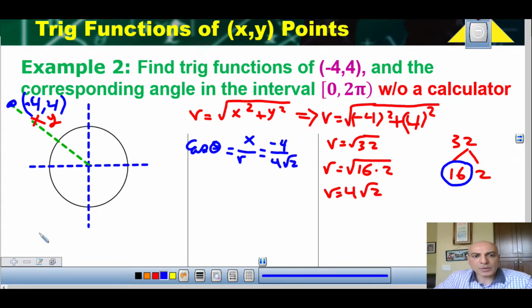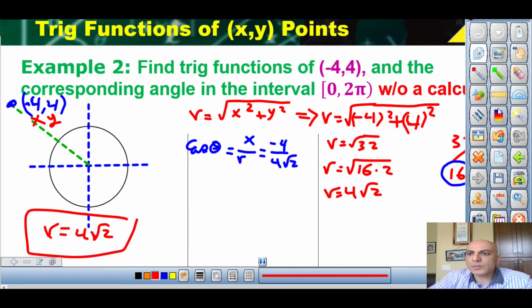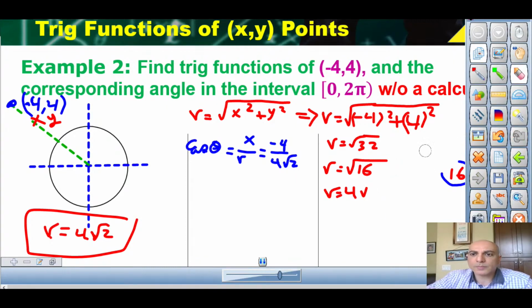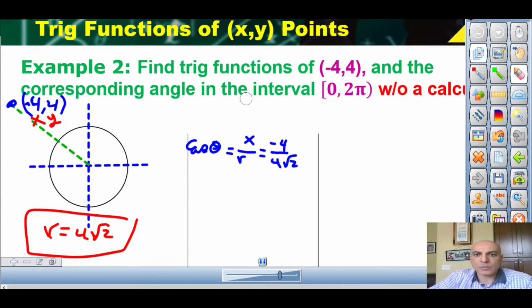I'm going to put the radius down here and give myself more room. So r equals 4 square root of 2. I'm going to use it, and I need more room, so I'll erase stuff here. I got my r, and now I have to find cosine, sine, and tangent.